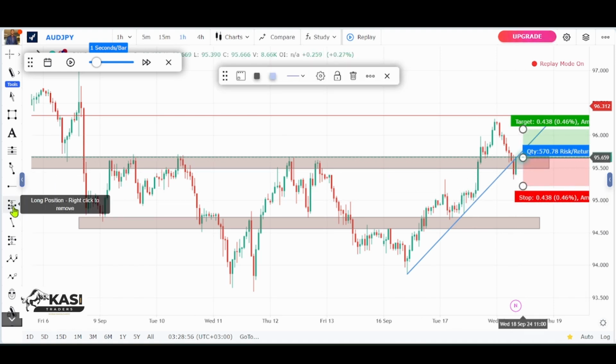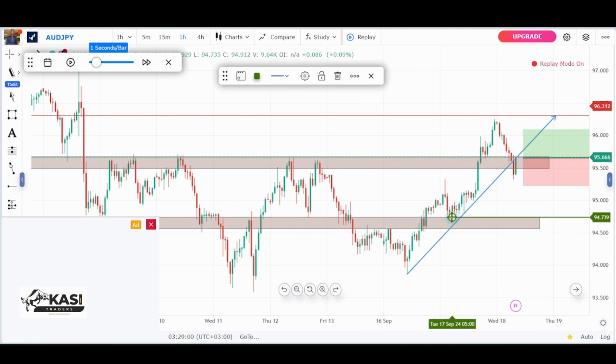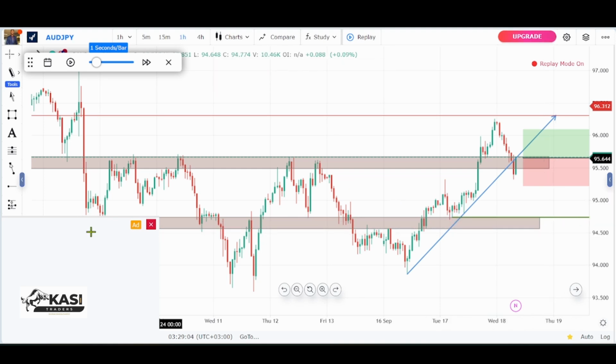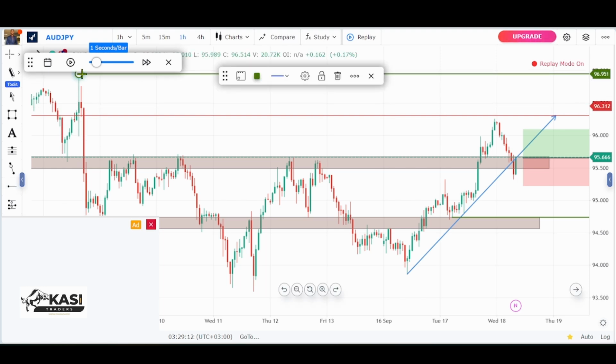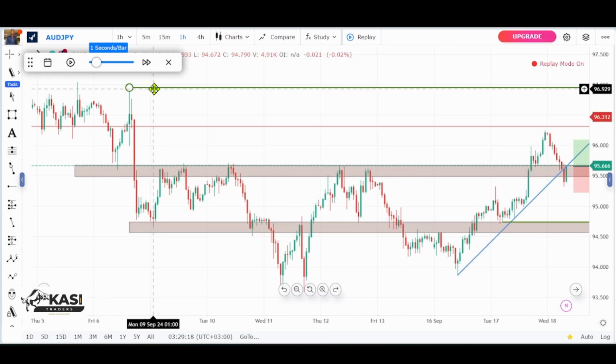And we can use this level, this zone, as our stop loss, and this zone as our take profit. Yes, we can use this zone as our take profit.